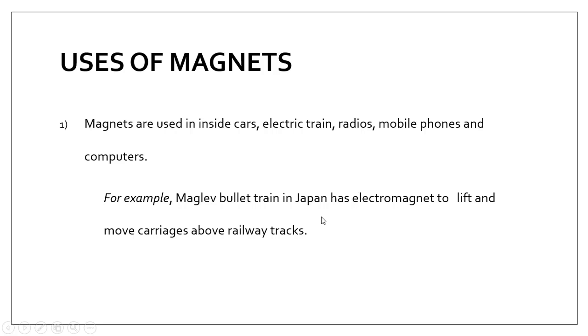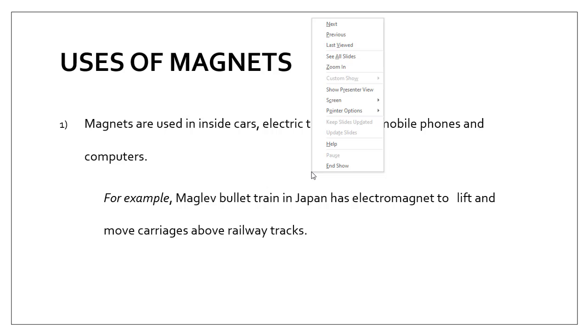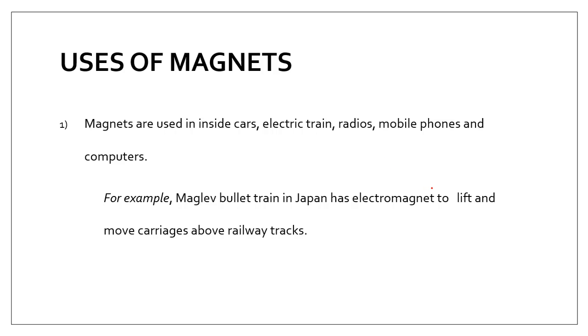This electromagnet is a type of magnet that uses electricity. So electro comes from the word electricity, and the word magnet is the magnet we know. So an electromagnet is the type of magnet which uses electricity to do its work.